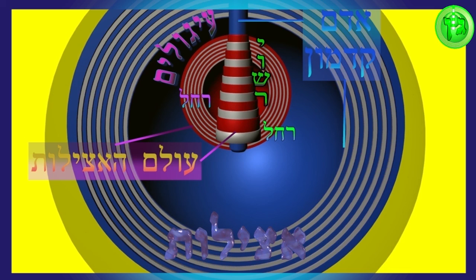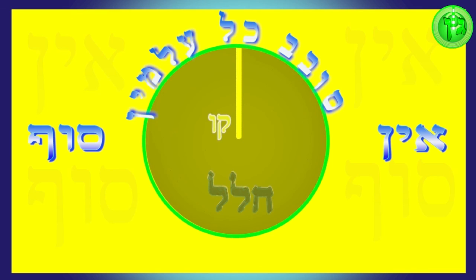Because with that insight in mind, we can begin to understand two seemingly contradictory statements that the Zohar makes with regards to the nature of the Creator. What am I referring to? In one place, the Zohar describes the Creator as being Sovev Kol Almin, literally surrounding all the worlds.